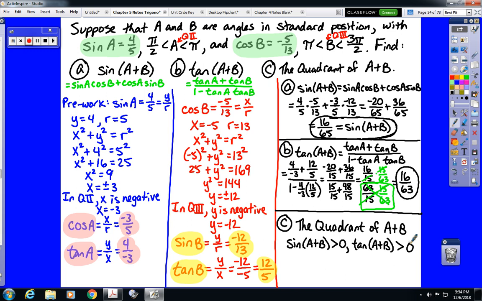The only quadrant where sine and tangent are both positive is quadrant 1. In quadrant 2, tangent is negative, so that would not work here because tangent's positive. In quadrant 3, sine is negative, so that wouldn't work here because sine is positive. And in quadrant 4, both sine and tangent have to be negative. So the only quadrant where sine and tangent are both positive is quadrant 1.